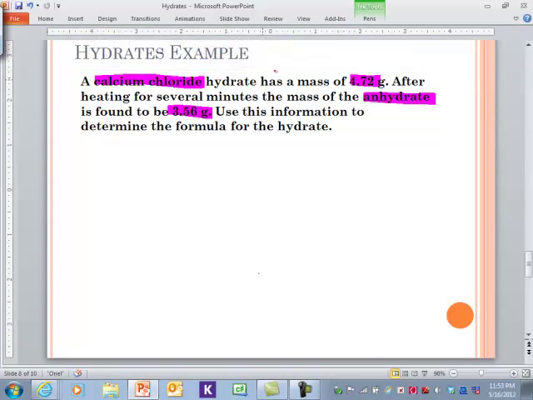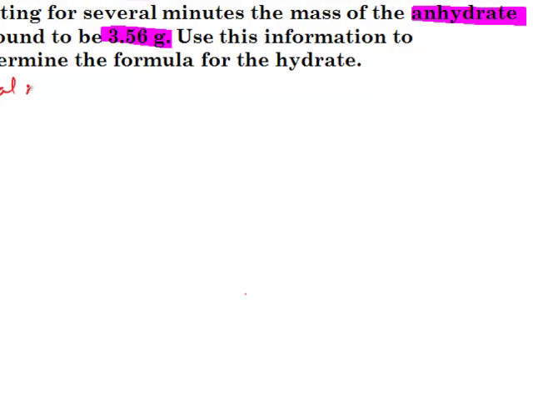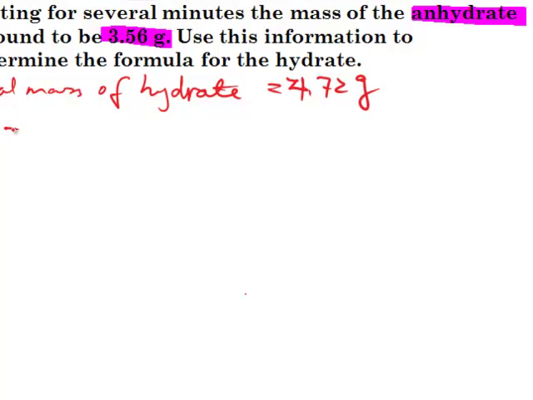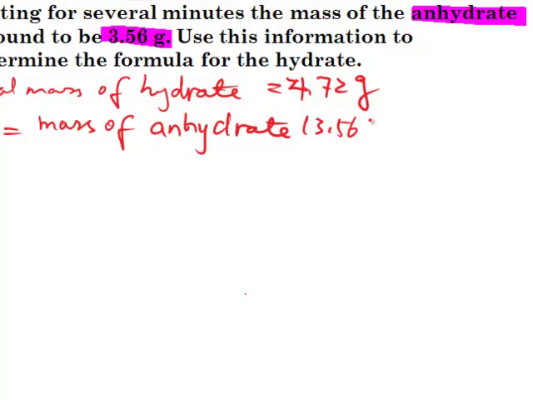So as we can see here, the total mass of hydrate is 4.72 grams, which is equal to the mass of anhydrate, according to this problem, 3.56 grams, plus the mass of water.